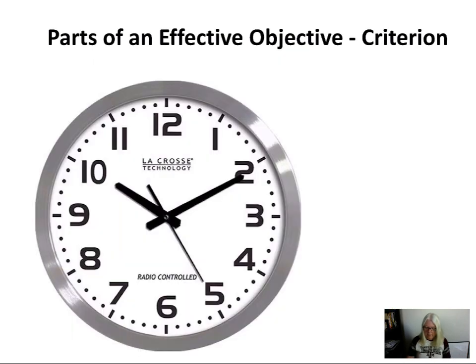Okay. Then the third one is criterion. Okay, and criterion is a description of the criteria for acceptance of the performance. So what are the criteria for acceptance of the performance? Whatever it is we want the learner to do, performance, as sufficient.